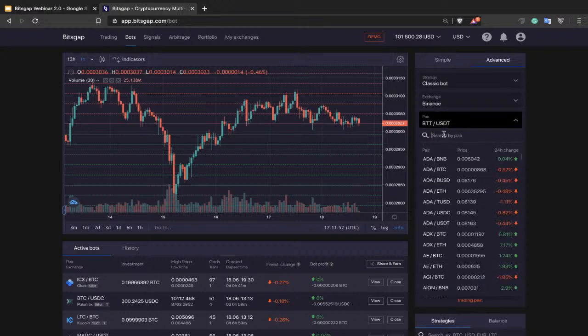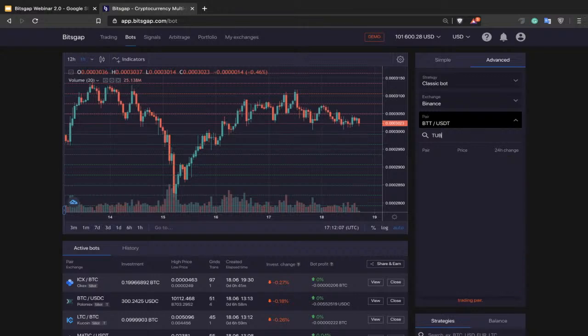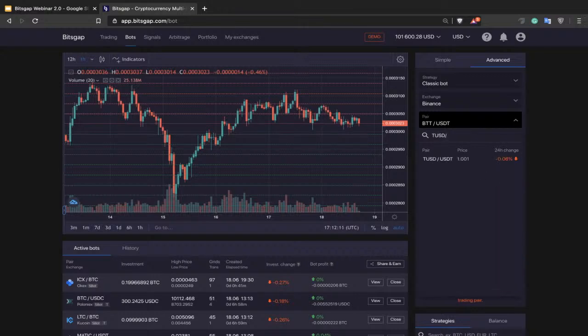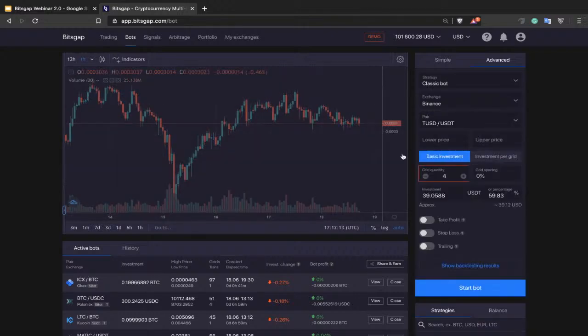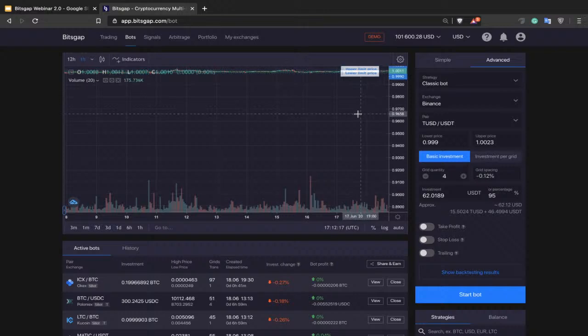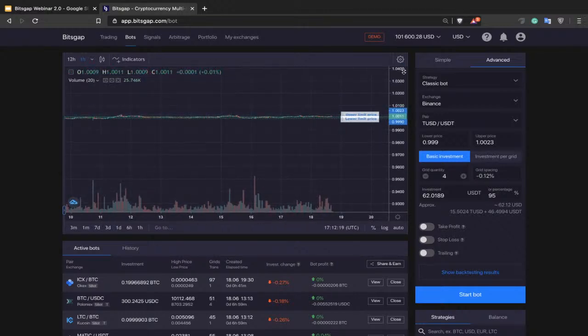You know that there are quite many stable coins like USDT, TUSD, BUSD, USDC. So the idea of stable coins is to be equal to $1, right?